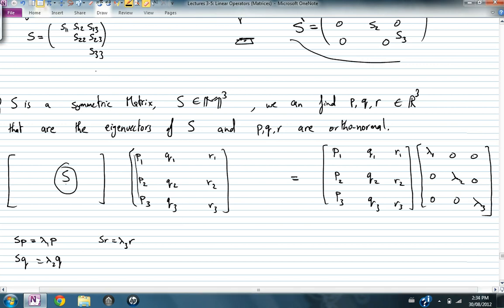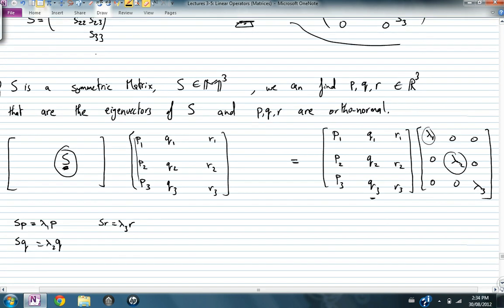So when I multiply the matrix S by the vector P, I get the vector P again multiplied by a number lambda 1. When I multiply the matrix S by Q, I get the vector Q again, multiplied by a number lambda 2. And when I multiply S by the vector R, I get R again, multiplied by lambda 3.